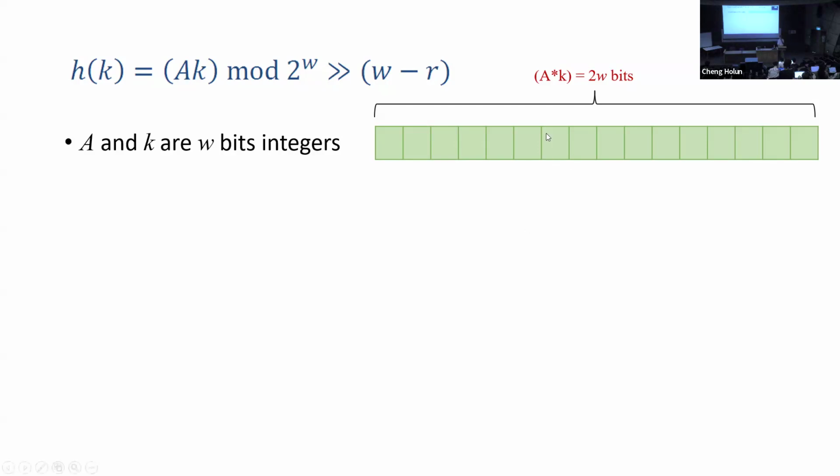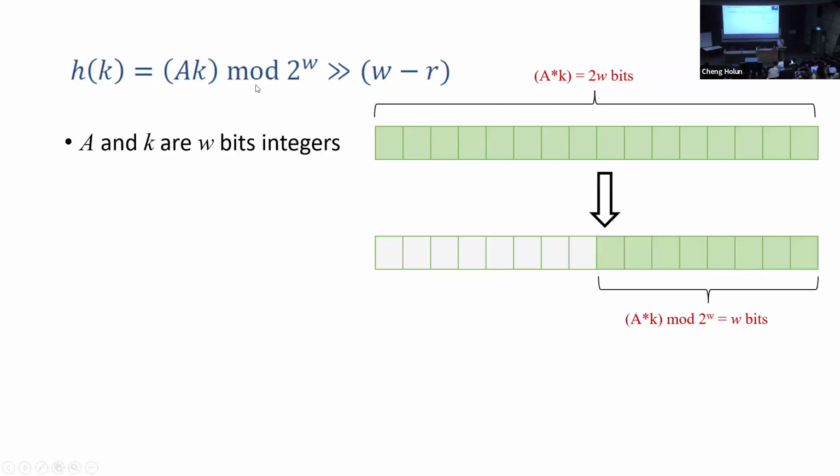And then we don't want a 2w-bit number because it's too big. So what I do is I modulo 2^w. When you modulo 2^w, it means I only want the least w bits. For example, if you have a number 123, what does it mean by modulo 100? Modulo 100 means you take the last two digits, which is 23.